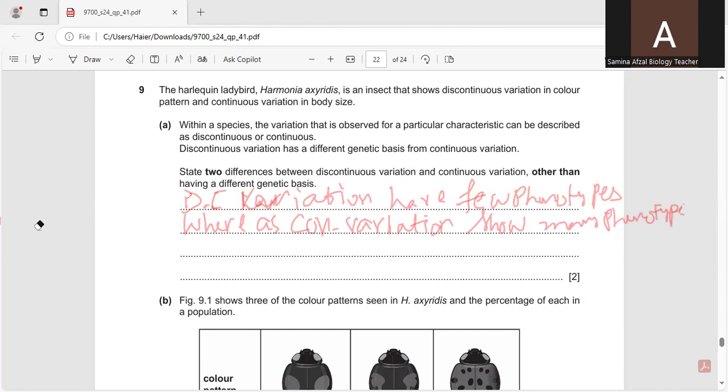You can say a range of phenotypes. Or, they are controlled by few genes: discontinuous variations are controlled by few genes, whereas continuous variations are controlled by many genes.